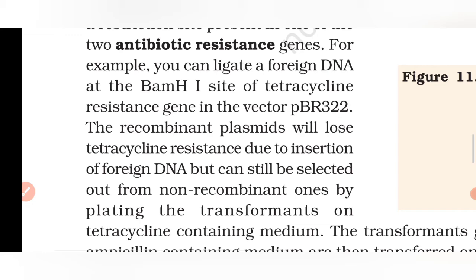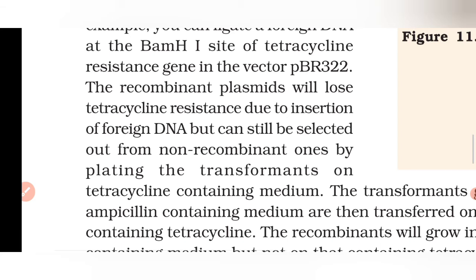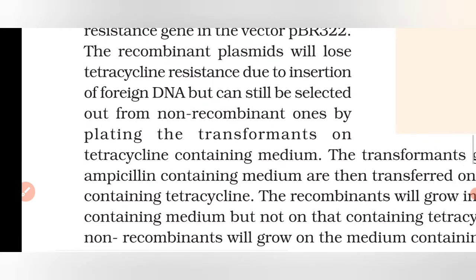But it can still be selected out from non-recombinant ones by plating the transformants, that is the bacteria having this plasmid, on the tetracycline containing medium. Transformants are those which have this plasmid, but transformants may be recombinants or non-recombinants. Recombinants are those transformants in which the foreign DNA is present, and non-recombinants are those transformants in which foreign DNA is absent.